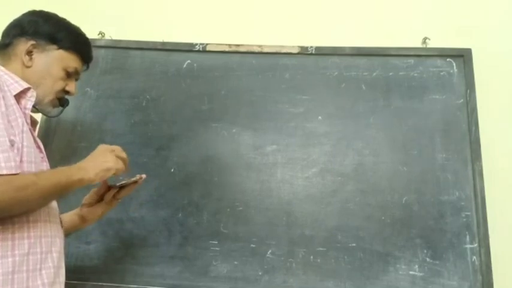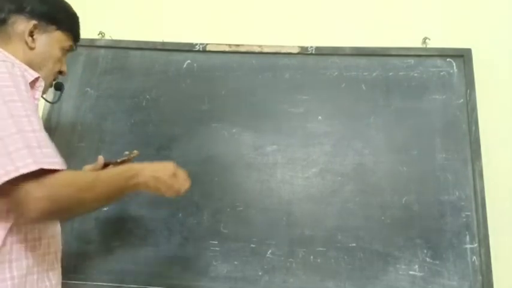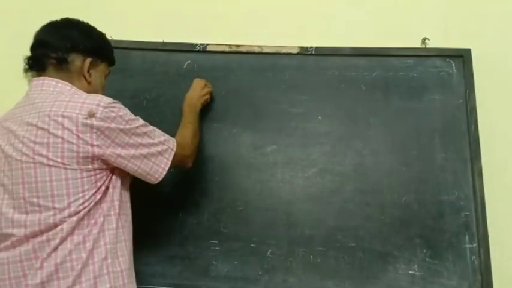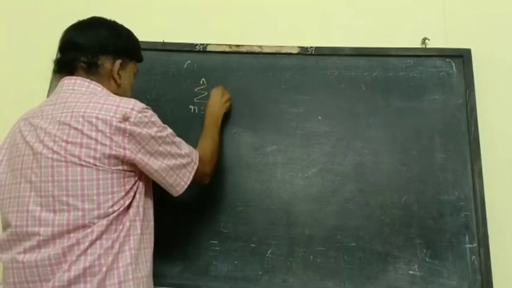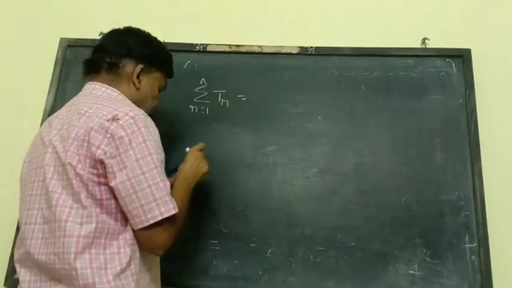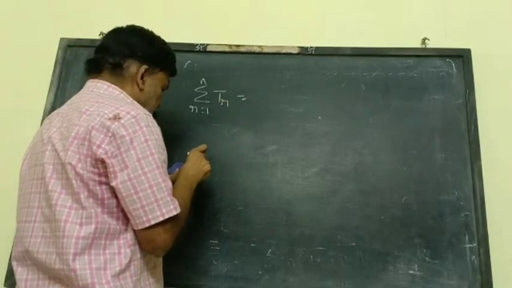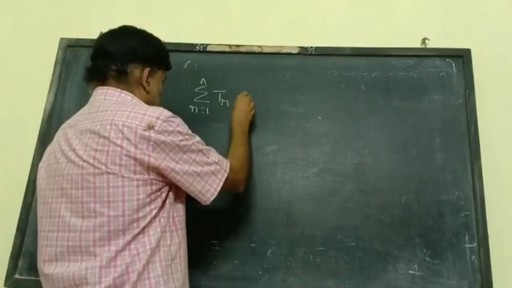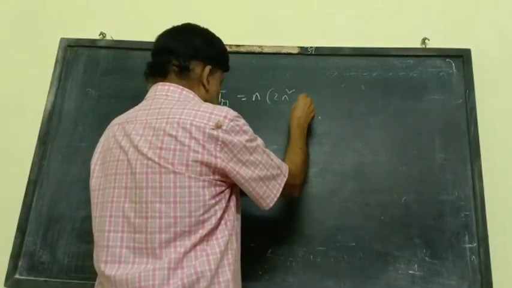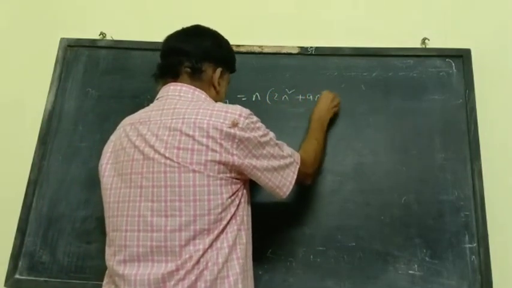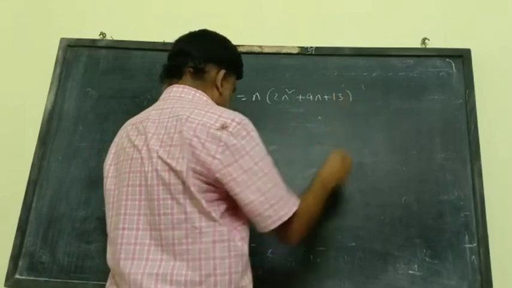See, the next question is: sigma r equals 1 to n of Tr, where Tr is equal to n into (2n square plus 9n plus 30).